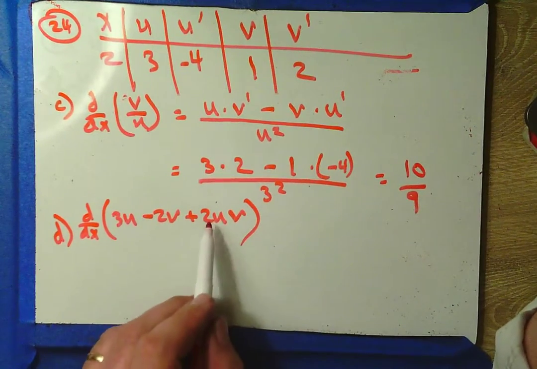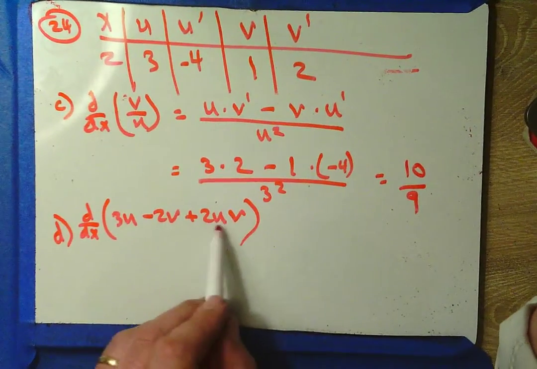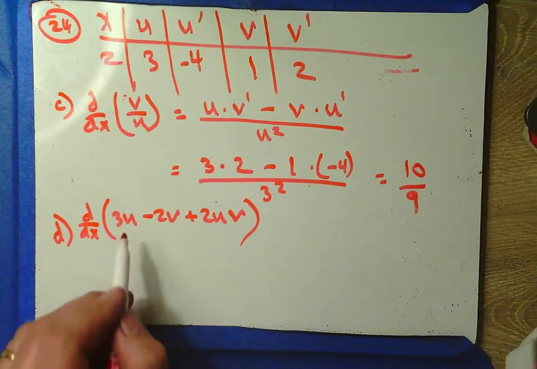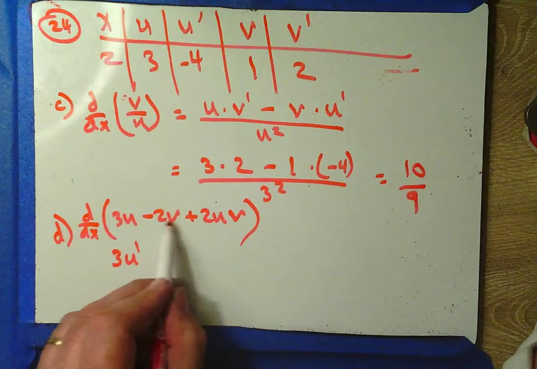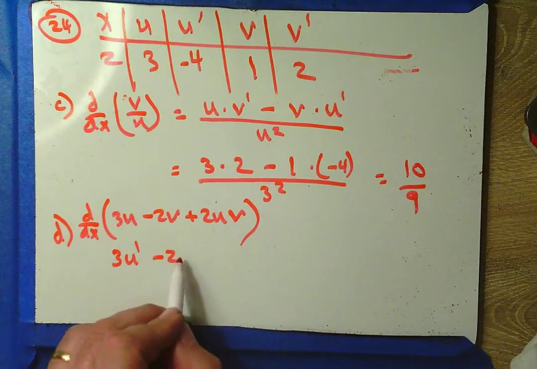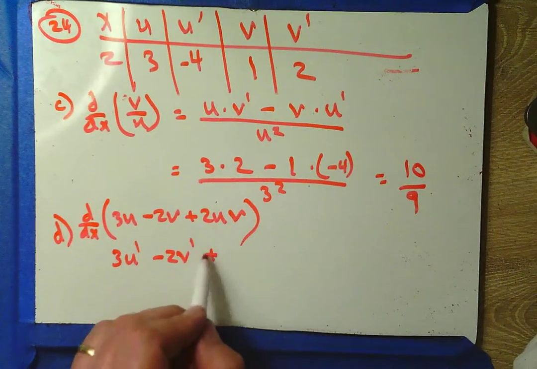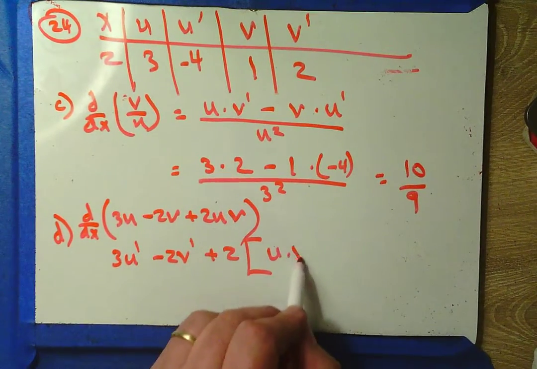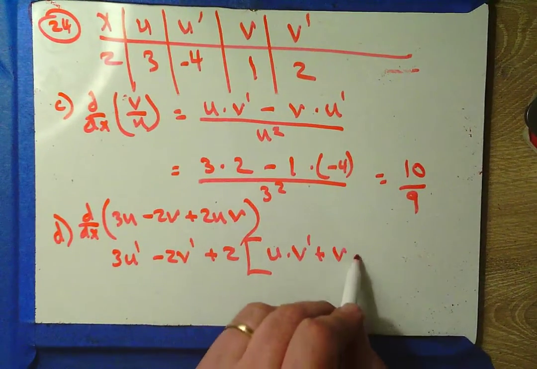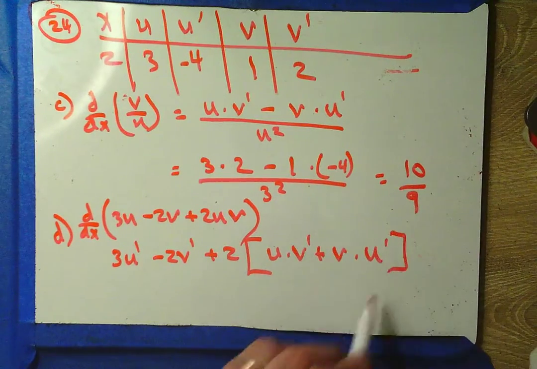So just slap that constant on when you're done with the product rule. Okay, the derivative of 3u will be 3u prime. The derivative of minus 2v will be minus 2v prime plus 2 times, and the product rule, u times v prime plus v times u prime.